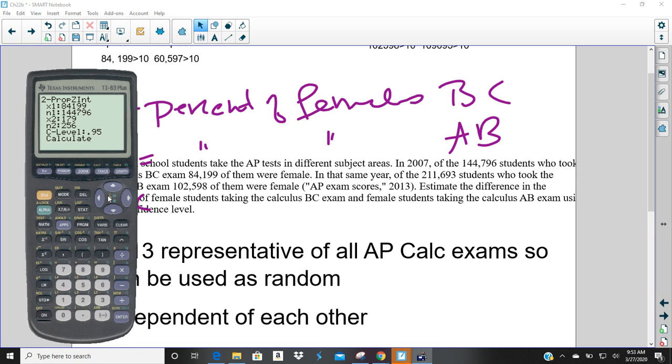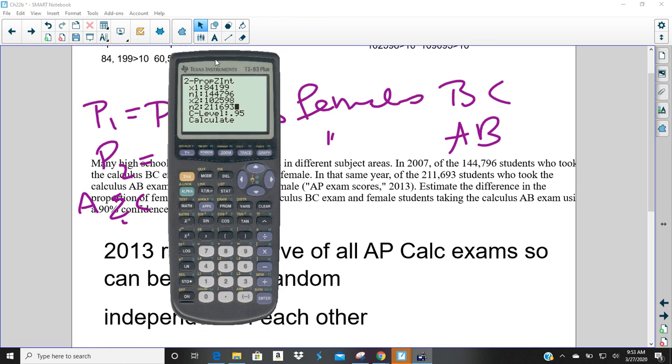And then the AB students, we had 102,598 and total 211,693. And they want us to do it on a 90% confidence interval, so I'm going to change that to 0.9 and calculate.